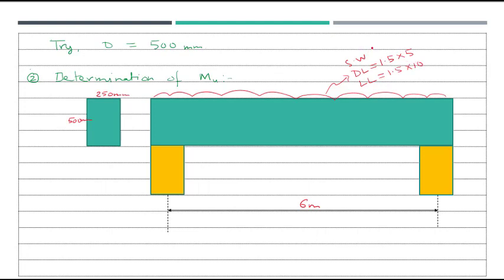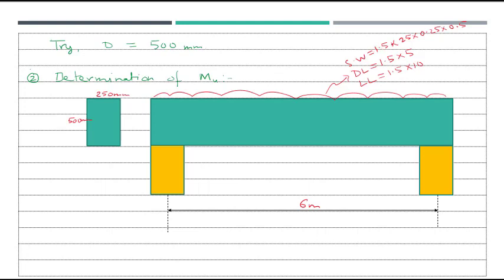Now for the self weight, what will be the self weight of the beam? It will be 1.5 into density of concrete into cross section area. So what is the cross section area? It is 0.25 into 0.5. So the self weight UDL is 25 into 0.25 into 0.5, which is the working load.